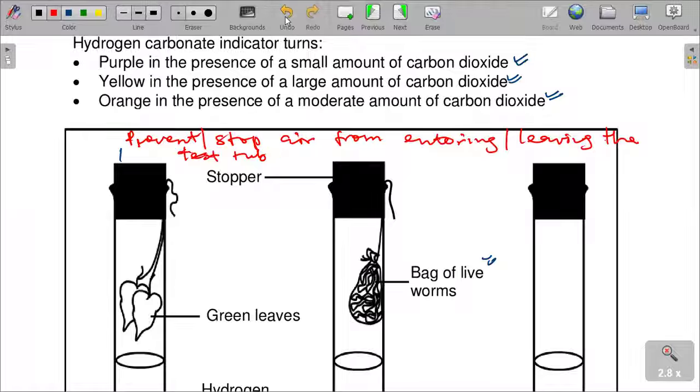So we are saying we need not allow air to enter or leave the test tubes so that the results of the investigation will be correct.